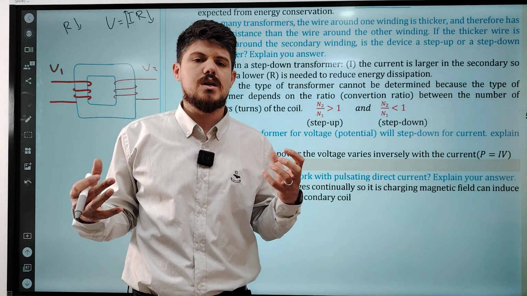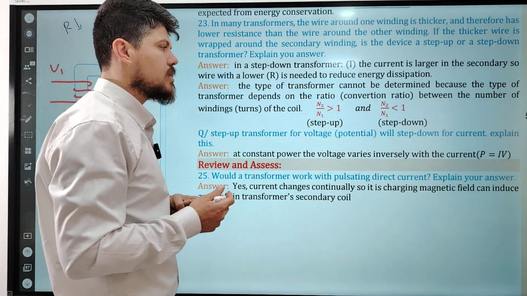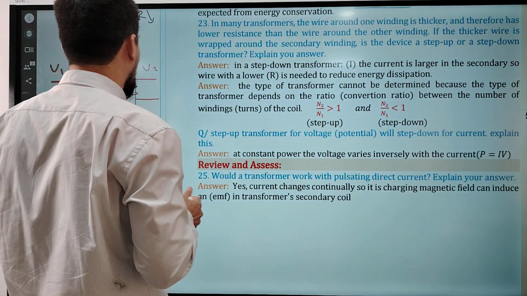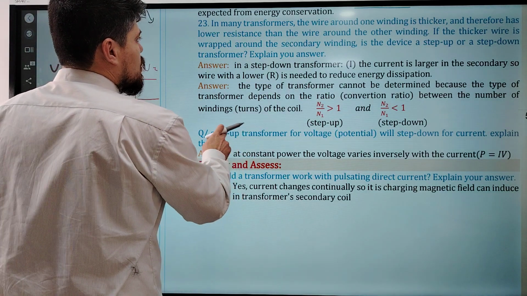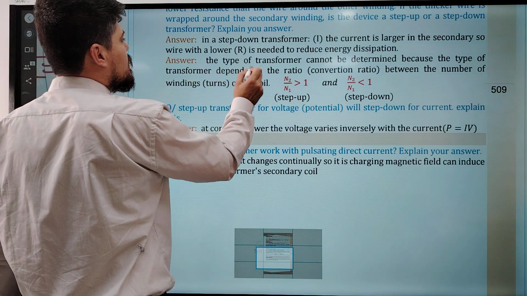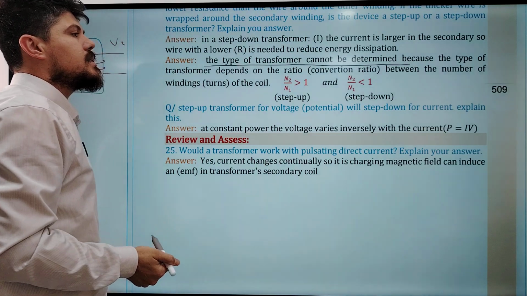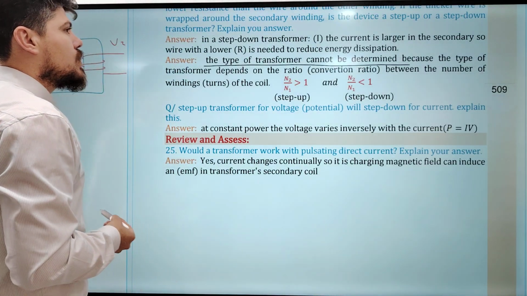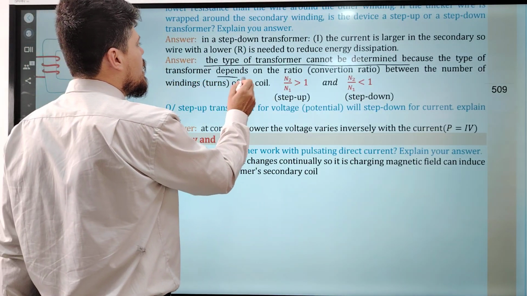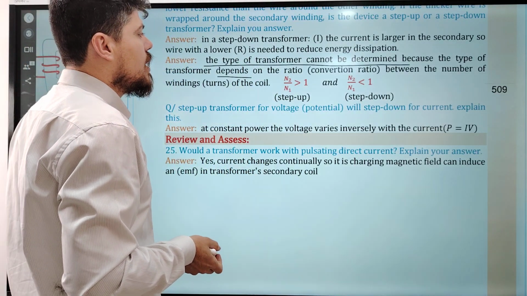When the current changes, the potential difference also changes, according to the equation power is equal to IV. So the type of the transformer cannot be determined by the thickness of the wire, because the type depends on the conversion ratio between the number of turns.